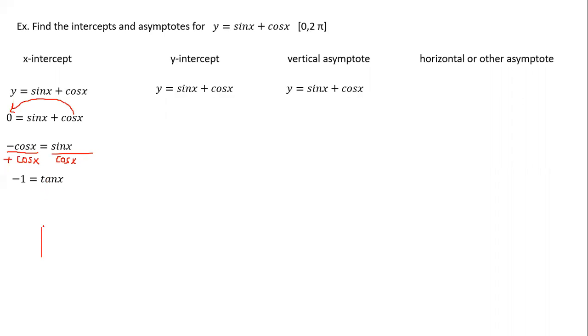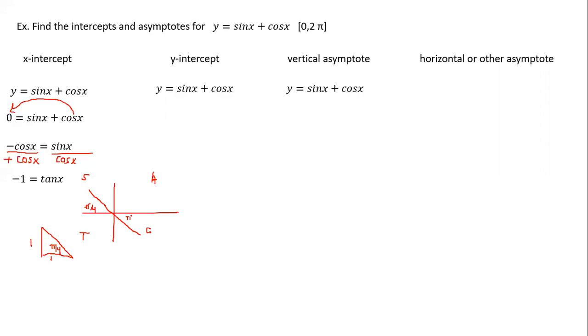I'm going to think about 1 first. Tangent equals 1 at an angle of pi over 4. So tangent will equal -1 at what angles? It would be this quadrant and this quadrant. We know the reference angle is pi over 4.